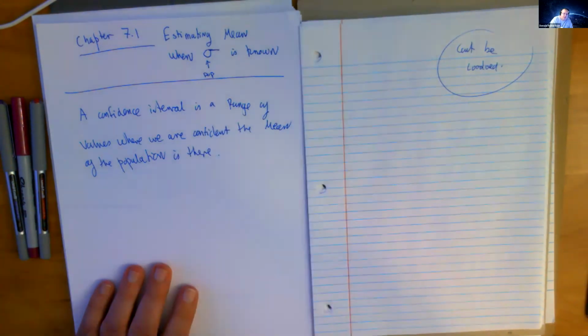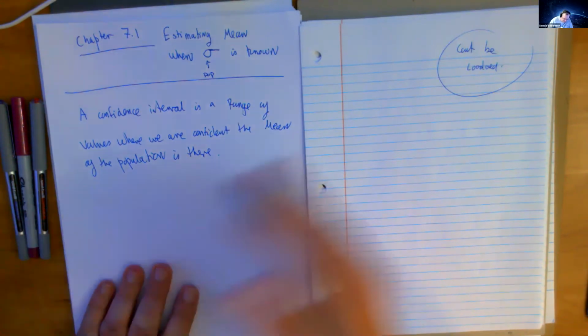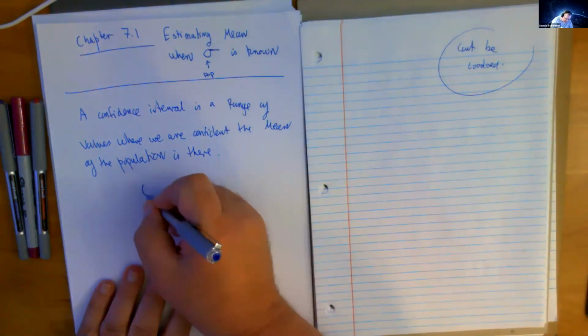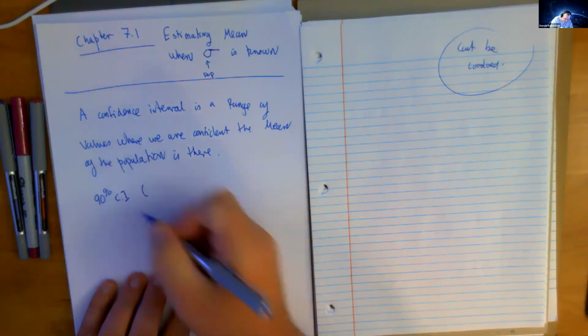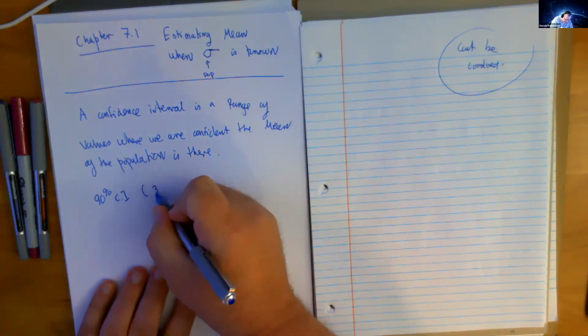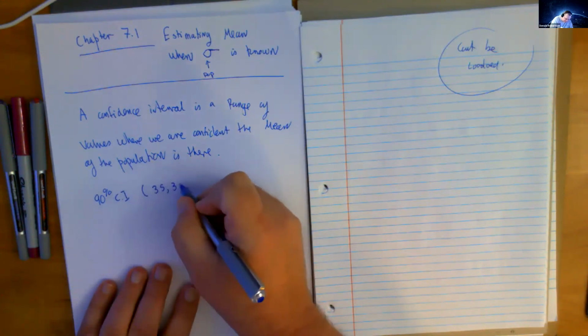Example. Suppose I collected a sample and I haven't told you how, but I've created a 90% confidence interval and the answer was 35 to 38. That's kind of what the answer is going to look like when we're finished.